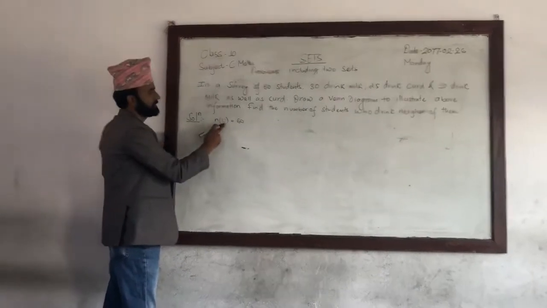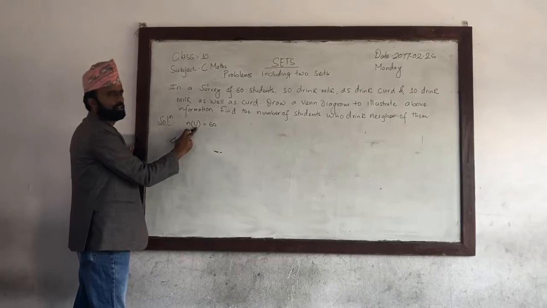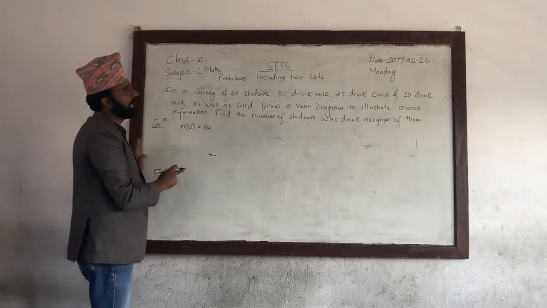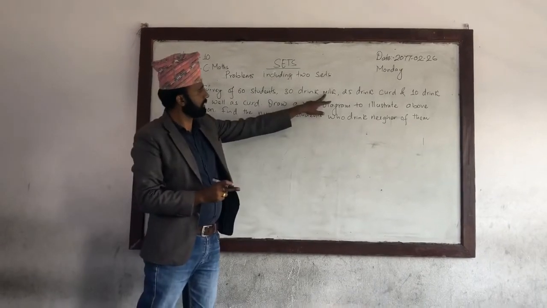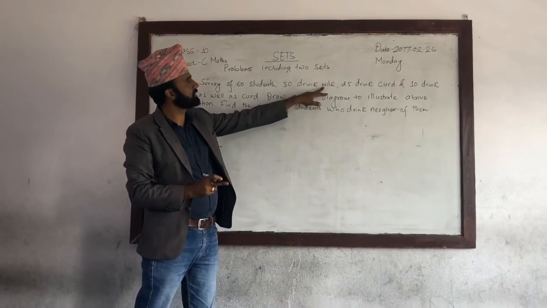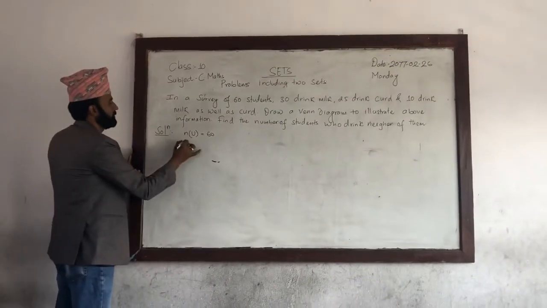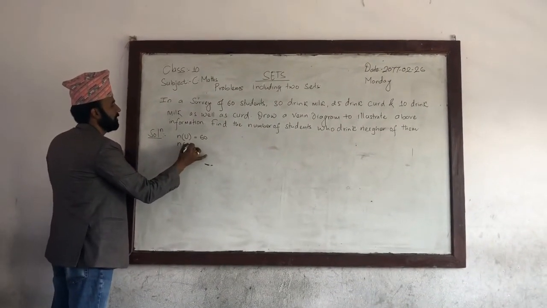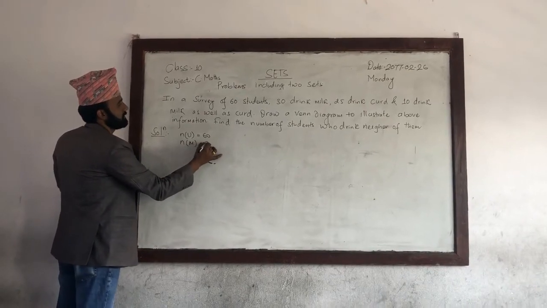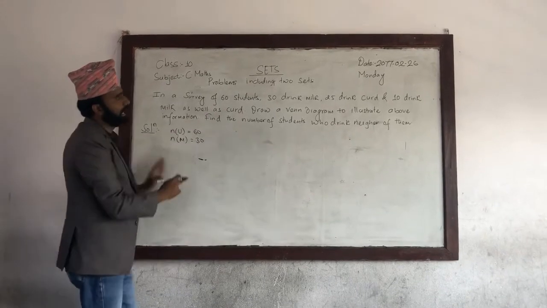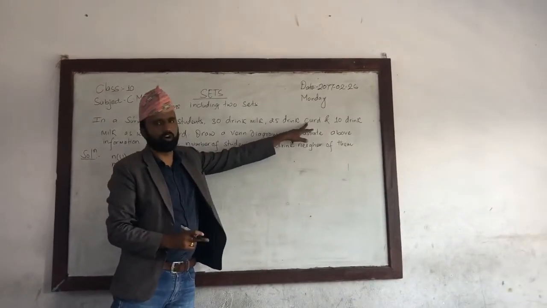The U represents the total number of students included in the survey, and M for the number of students who drink milk. That is n of M is 30. 30 like to drink milk.